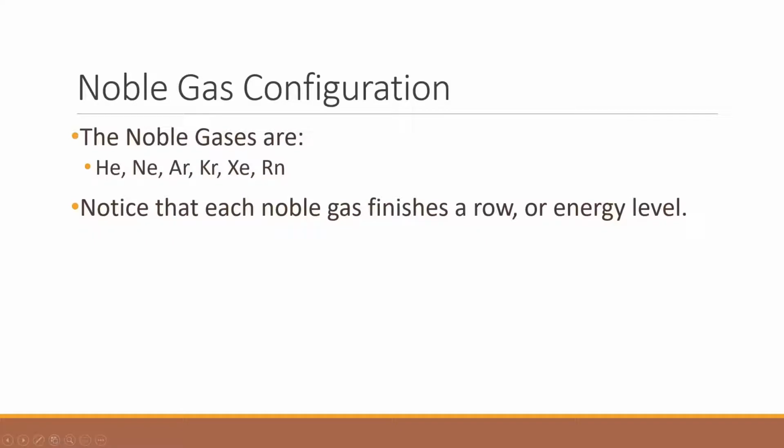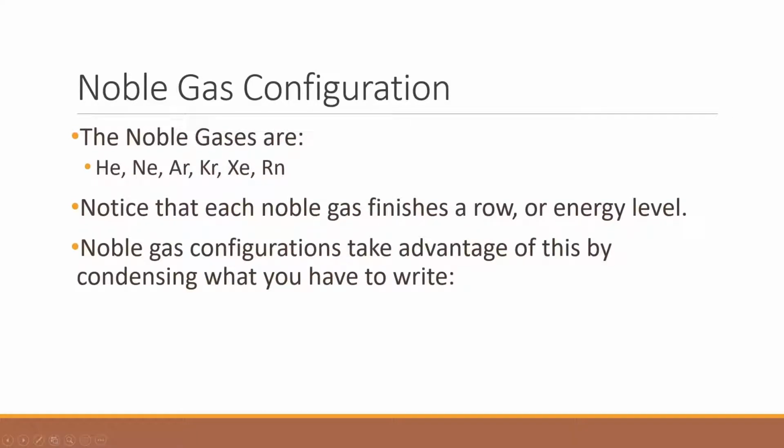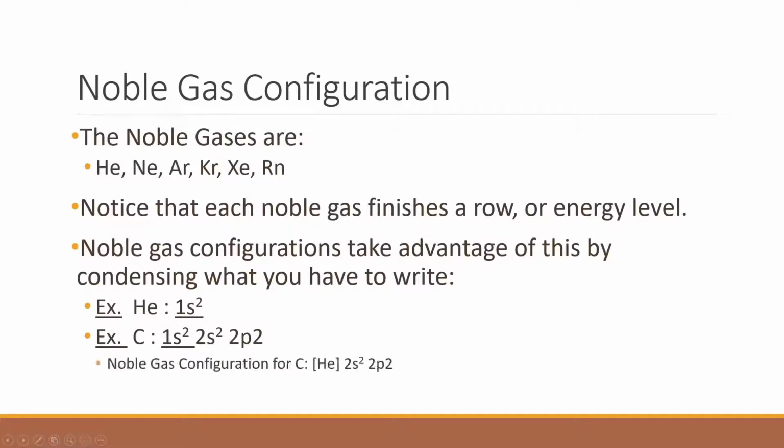And so we take note of this and essentially use the noble gases to condense a lot of the information. For helium, which is 1s2 and occupies the very first energy level, you can use helium as a different starting point. So instead of starting at the 1s2 sublevel, you can substitute in that 1s sublevel for helium.